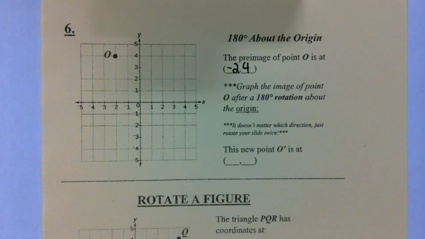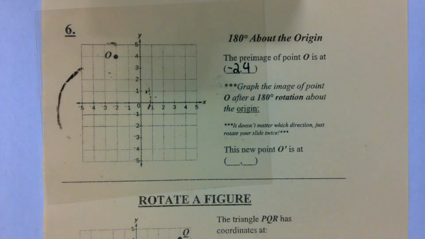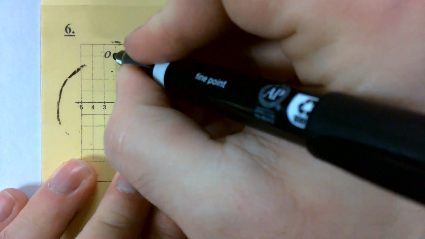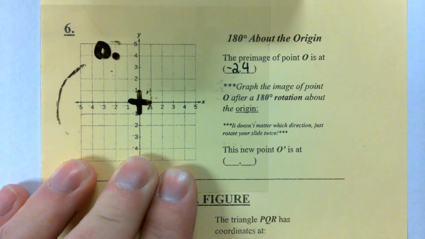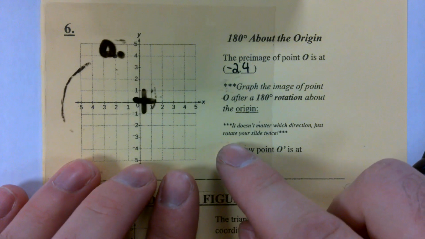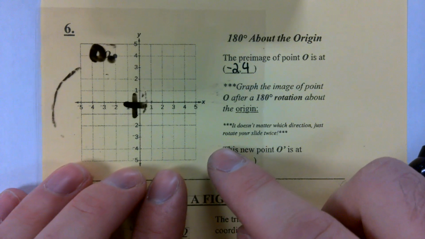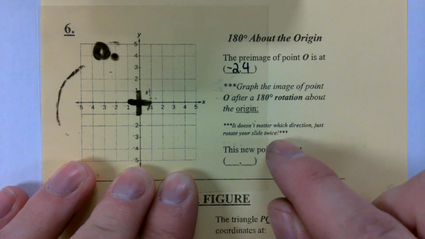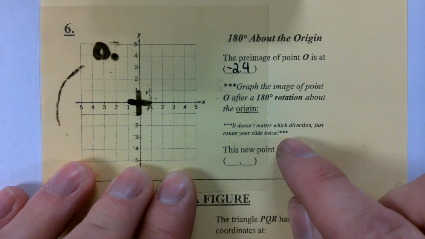So, let's put our slide over our graph. We'll draw a plus right at the origin and a dot right at our point O. Okay? Here's what I have on my slide. Right here in this little, really, really tiny font, you see it doesn't matter which direction.